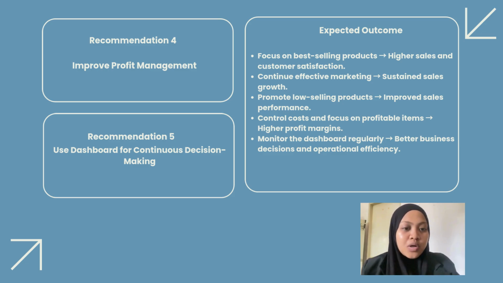More than that, control costs and focus on profitable items, so the company can get higher profit margins. And the last is to monitor the dashboard regularly, because it leads to better business decisions and operational efficiency.